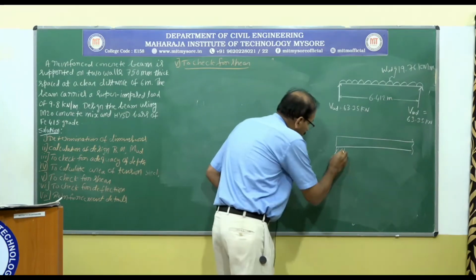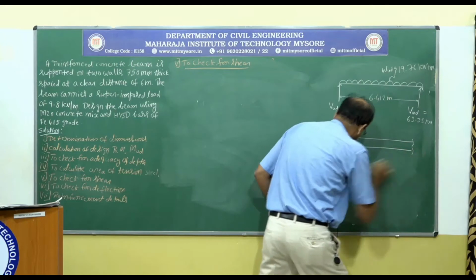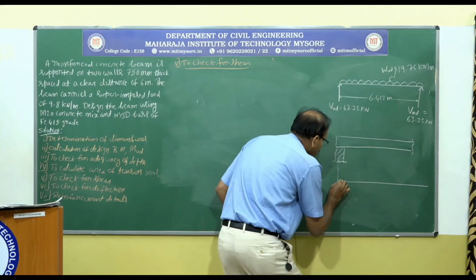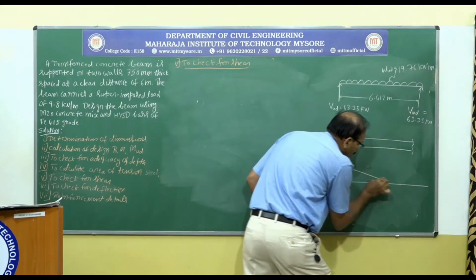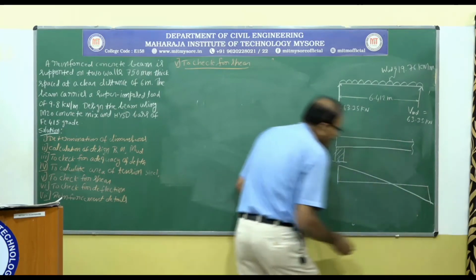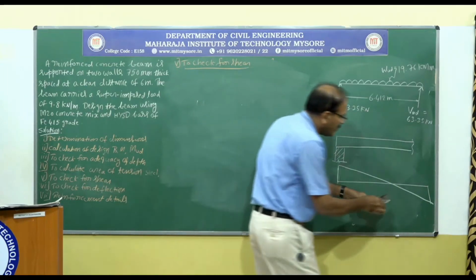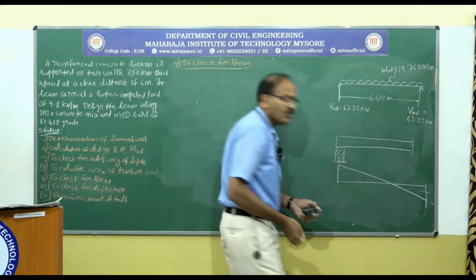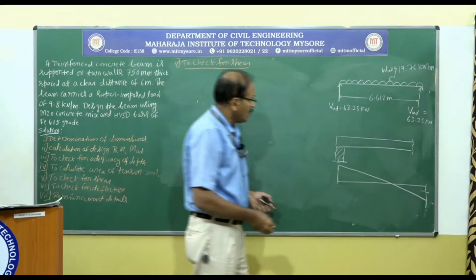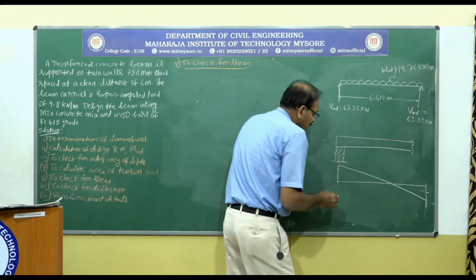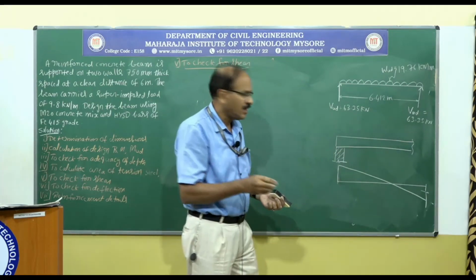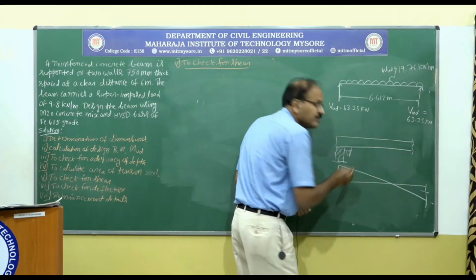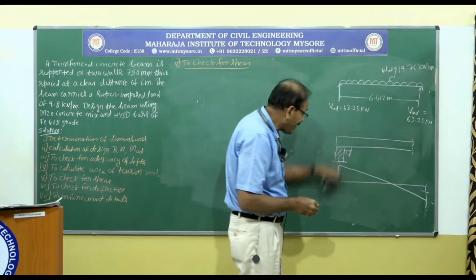So if you draw the shear force diagram by assuming that this beam is subjected to uniformly distributed load, then this is the way you are going to get this shear force diagram. Okay? So the code says the critical section for shear is going to be at a distance of 1 effective depth from the face of the support.